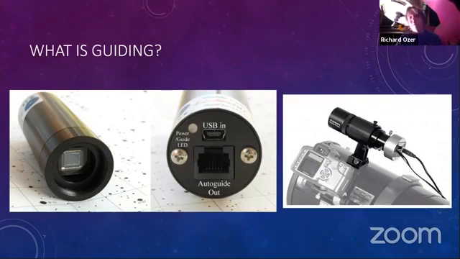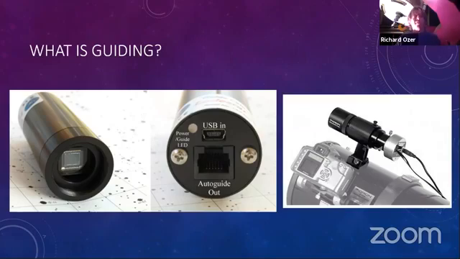But for the moment, we'll talk about what many people jump into, especially when they get started: they mount a small telescope on top of their main telescope, attach the guide camera, and that guide camera then connects to a piece of software that looks for a star in the field of view and sends corrective pulses to the mount to keep the mount pointed at the target object that you're photographing.